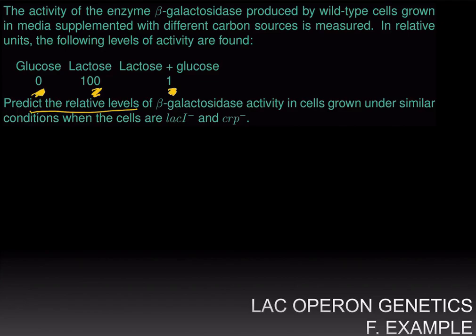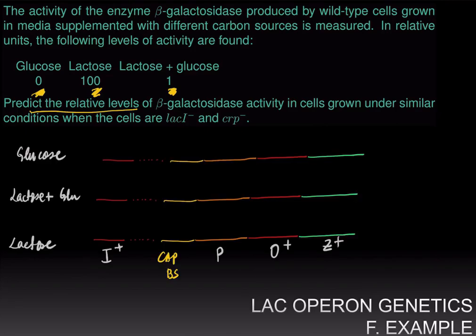So let's start with drawing what is mechanistically going on in wild type. Here we have the Lac-I gene, the CAP binding site, promoter, operator, and Lac-Z.